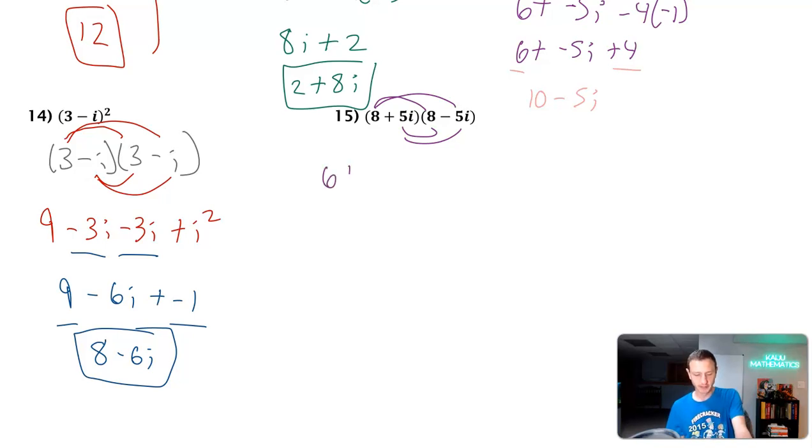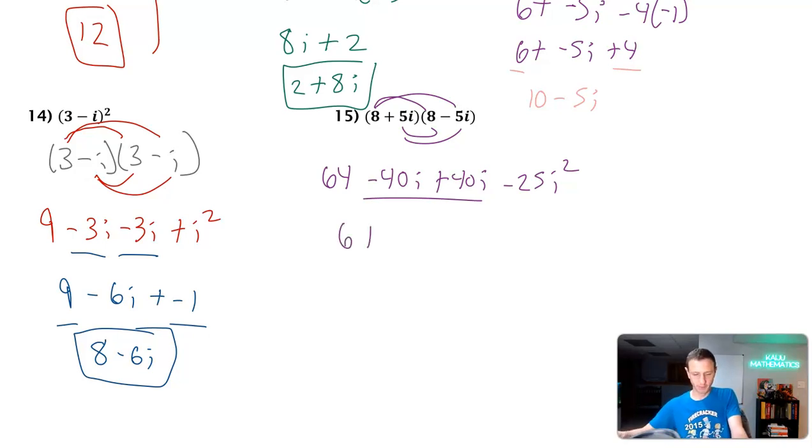So 8 times 8 is 64. 8 times negative 5i is negative 40i. 5i times 8 is positive 40i. And then 5i times negative 5i is negative 25i squared. In the middle, like terms, gone.